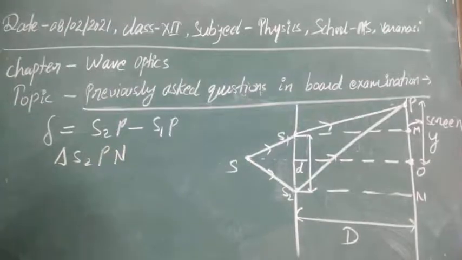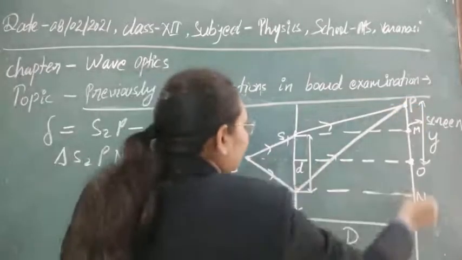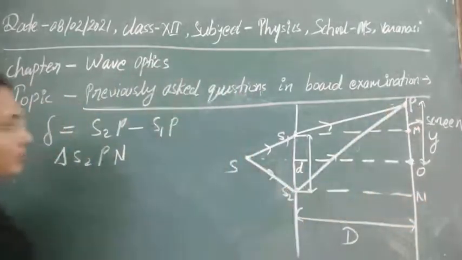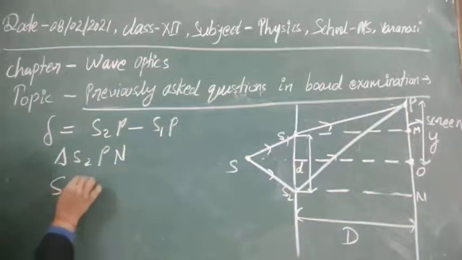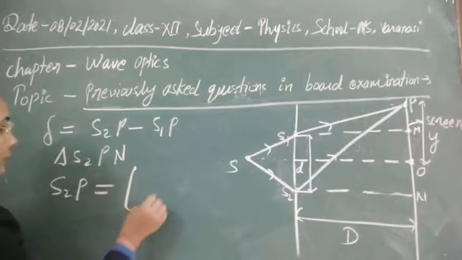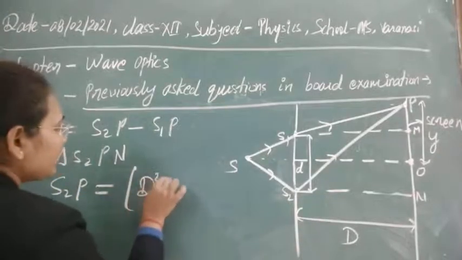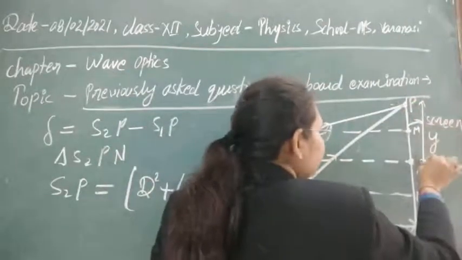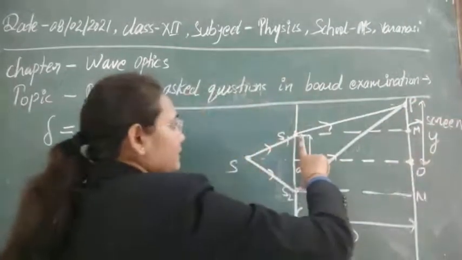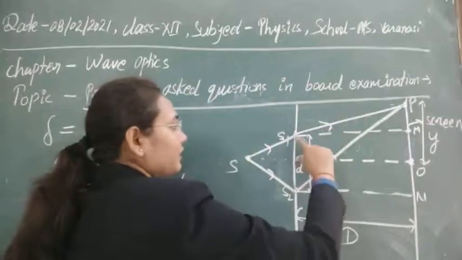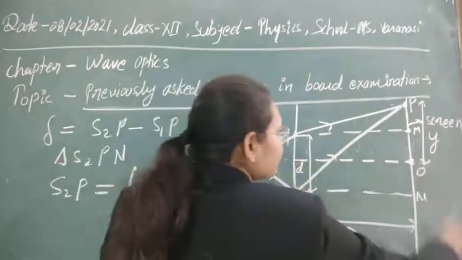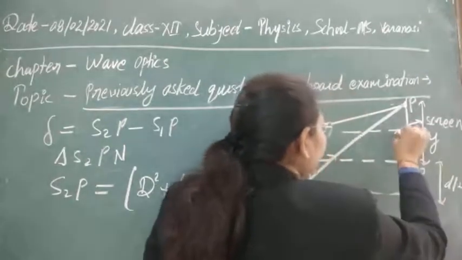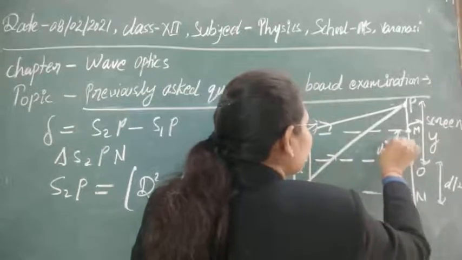If you see this triangle, it is a right angle triangle, and in this, this is the hypotenuse. Then you can obtain the value of S2P, which will be equal to D square plus, if we see this whole distance as y and this distance as d, then this half distance will be d by 2, and also this distance is d by 2.